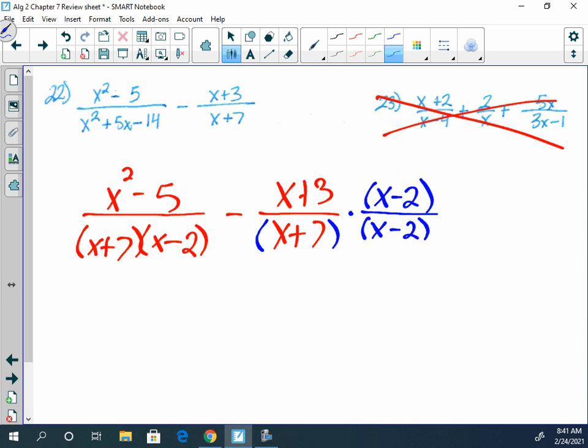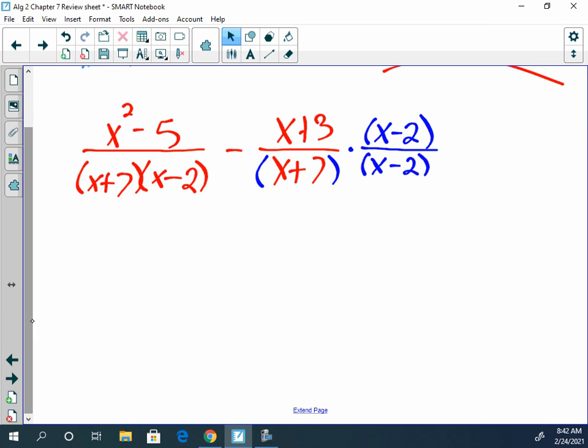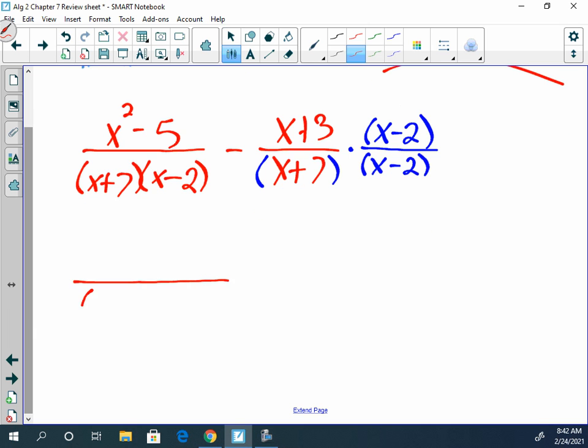Now, is there anything the one on the left is missing that the one on the right has? No, it already has the x plus 7, yes? So they're already the same. I just had to change the one on the right to make the denominators be the same. So that means the one on the left we don't have to do anything to.